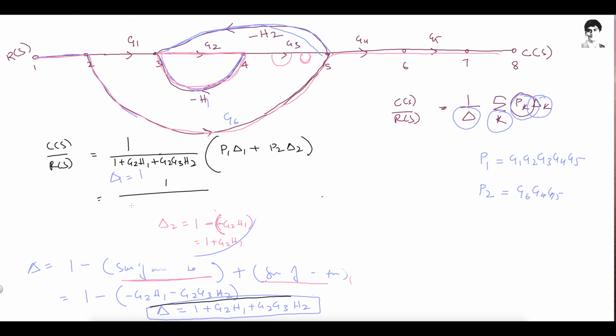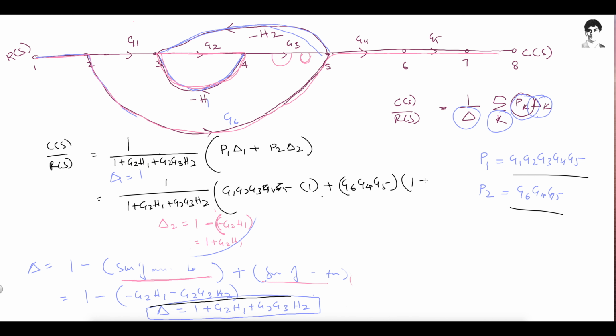So 1 plus G2 H1 plus G2 G3 H2, into what is P1? P1 is G1, G2, G3, G4 and G5. And delta 1 is 1, plus P2, which is G6, G4, G5, into what is delta 2? 1 plus G2 H1.